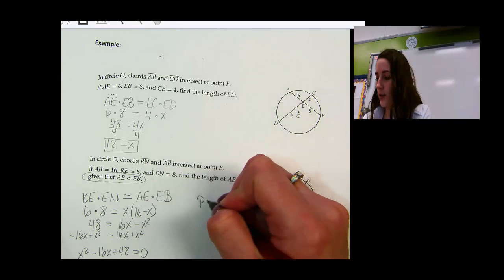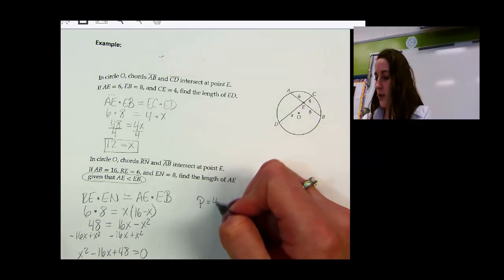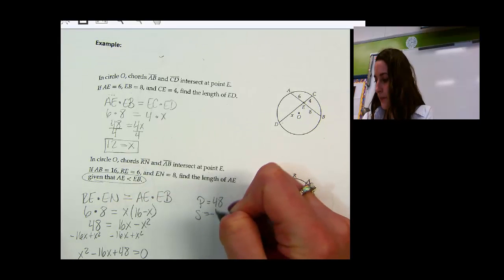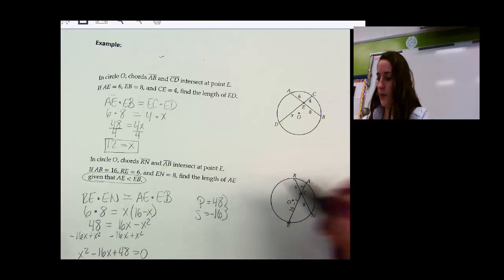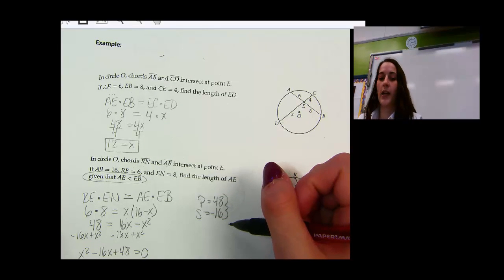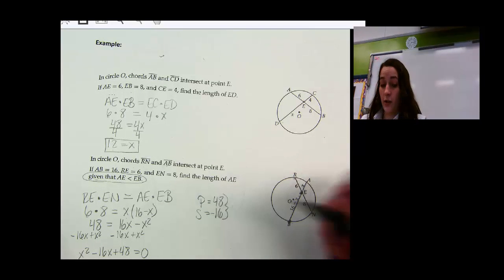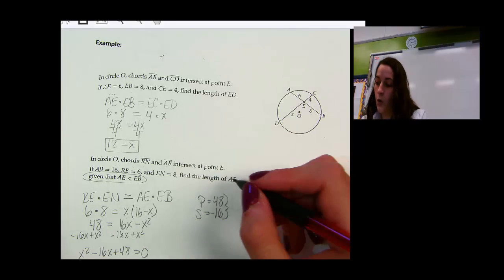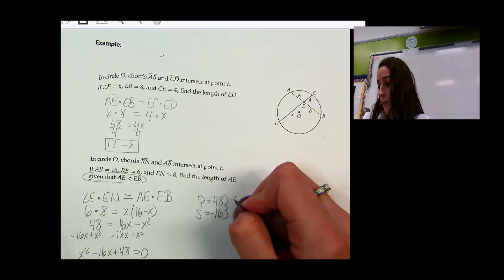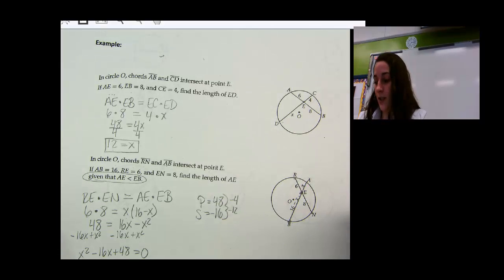So I need a product of a times c, so a product of positive 48, and a sum of b, which is negative 16. So I have to come up with some factors of 48 that's going to give me a negative 16. Well, if I'm going to need a sum of negative 16, that's going to mean both of my factors are going to be negative. So I'm going to go ahead and do negative 4 and negative 12, because negative 4 plus negative 12 is going to give me negative 16.